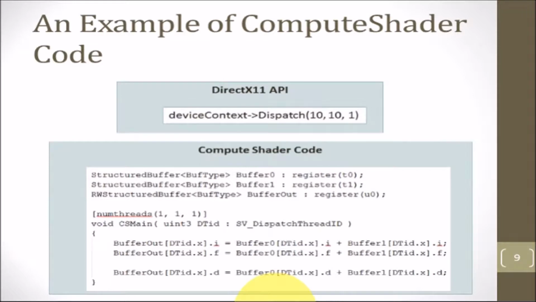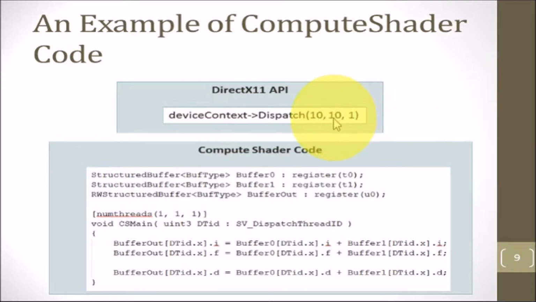Now this is a little example of how a compute shader code looks and how it is executed from DirectX API. Within the DirectX API, the device context object has a dispatch call, and the dispatch call takes the x, y and z coordinates for creating the thread grid.